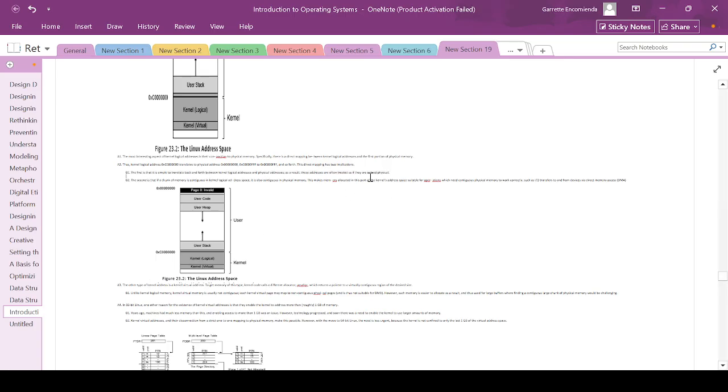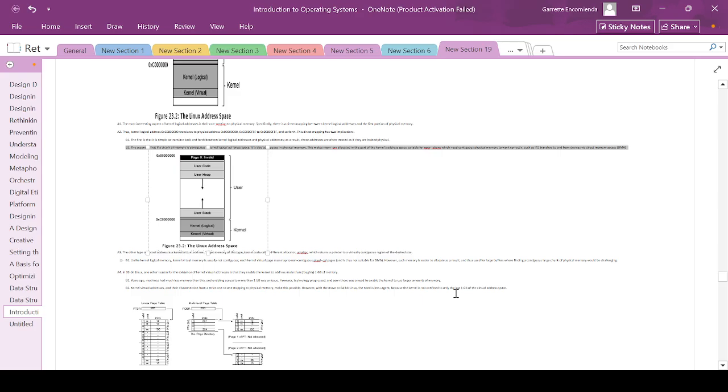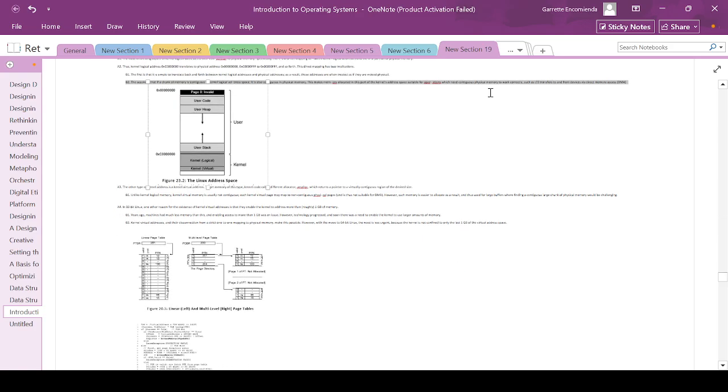So this makes memory allocated in this part of the kernel's address space suitable for operations which need contiguous physical memory to work correctly, such as I/O transfers to and from a device via direct memory access.